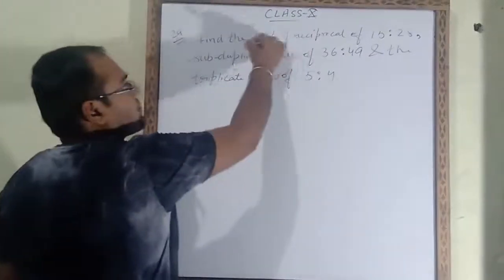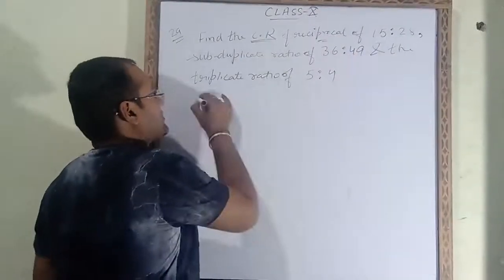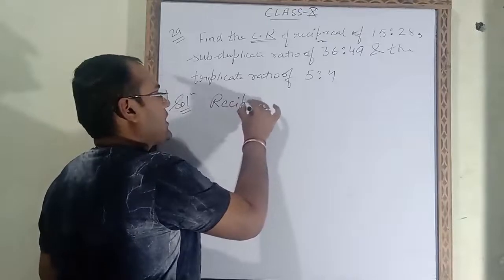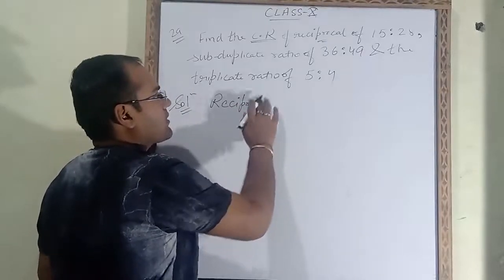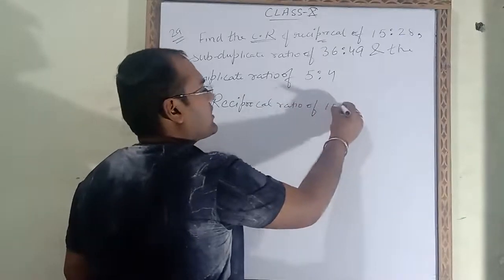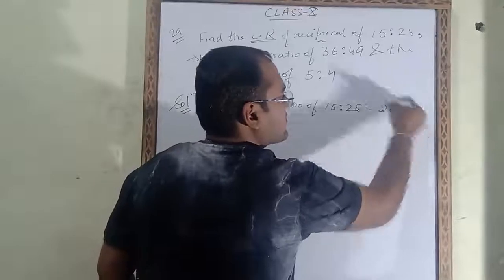So we have to find the compound ratio, but before that we have to find the reciprocal first. We will find the reciprocal ratio of 15:28. The answer will be 28:15.